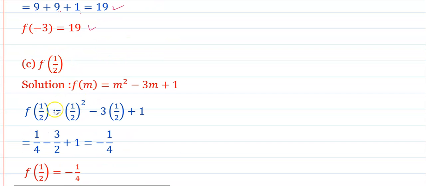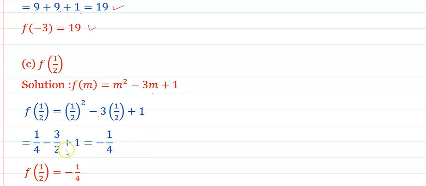f of 1 upon 2. Again f of m is equal to m square minus 3m plus 1. Replace m by 1 upon 2. Therefore f of 1 upon 2 is equal to (1 upon 2) square minus 3 into 1 upon 2 plus 1. (1 upon 2) square means 1 by 4, minus 3 into 1 upon 2 means minus 3 by 2, plus 1.